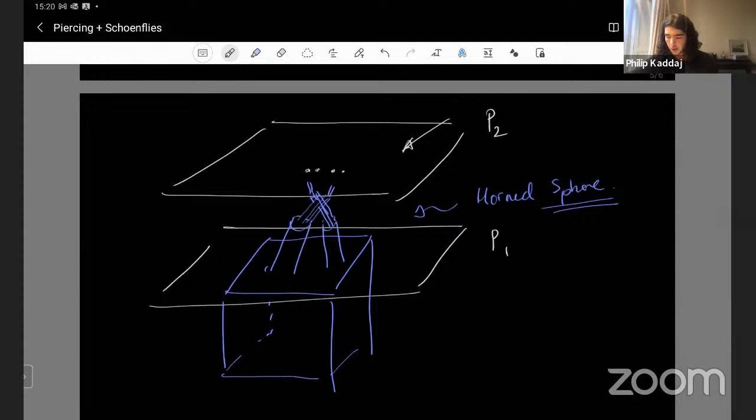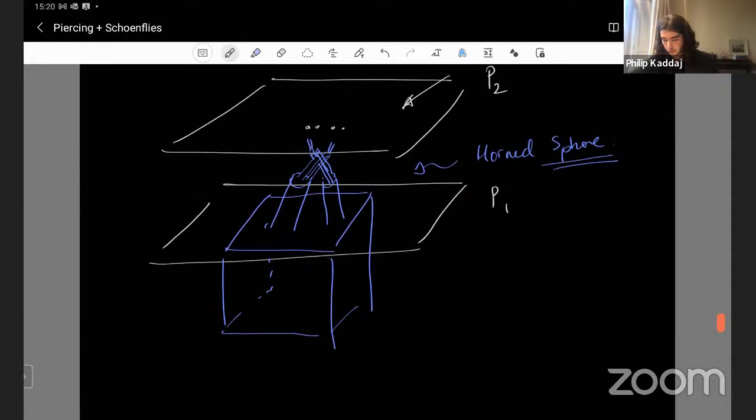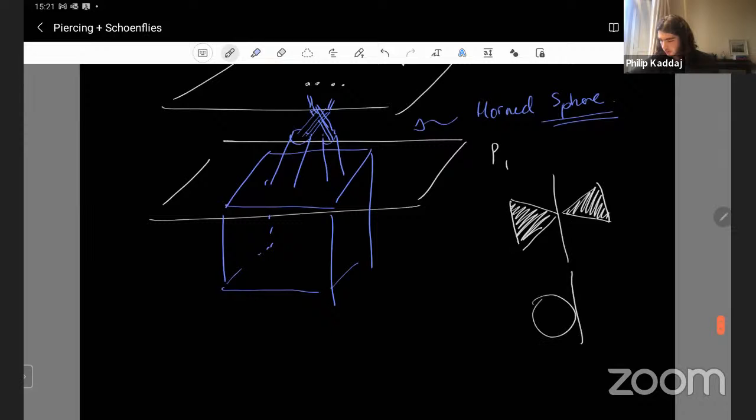And I think he also asked the question, it's no longer true if you replace lines by pencils. So a pencil is like a cone, for example. So if you have a cone on either side, or he also asked about spheres, but I don't know the answer to this either. Maybe someone knows.